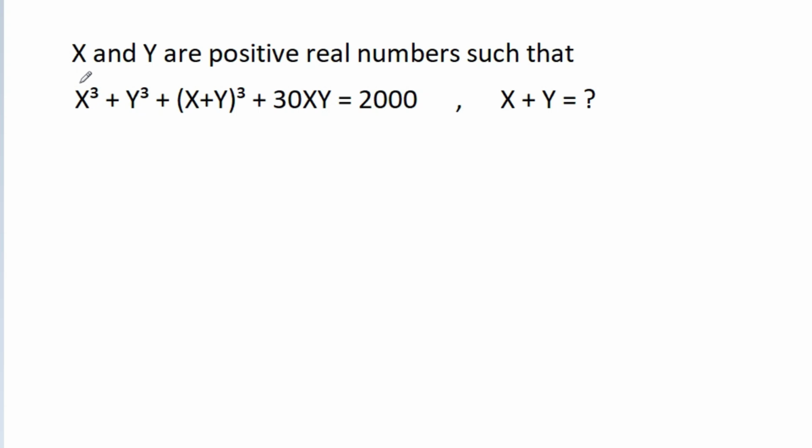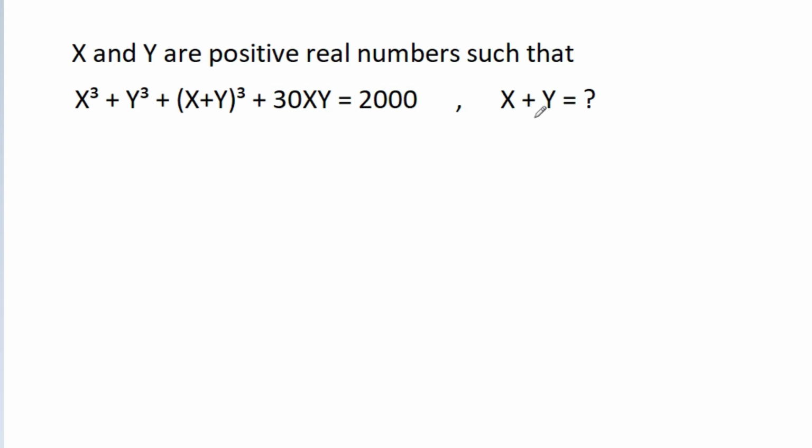In this video, we have given that x and y are positive real numbers such that x cube plus y cube plus (x plus y) cube plus 30xy is equal to 2000.